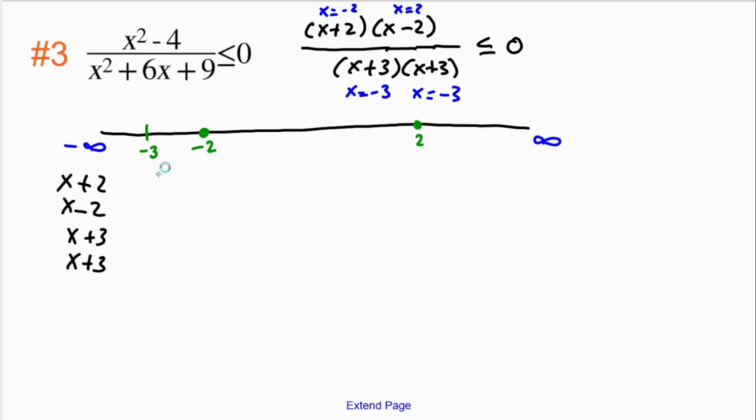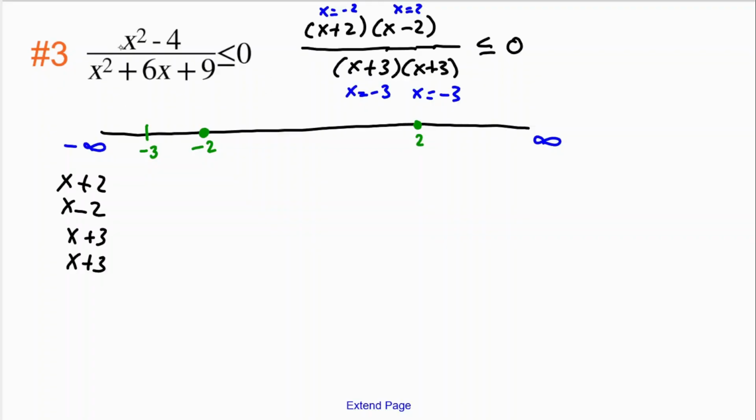We're just writing down each factor, because while we still have x equals negative 3 twice, kind of like multiplicity 2, we're still going to write x plus 3 twice. So now, again, just pick numbers in between the intervals.